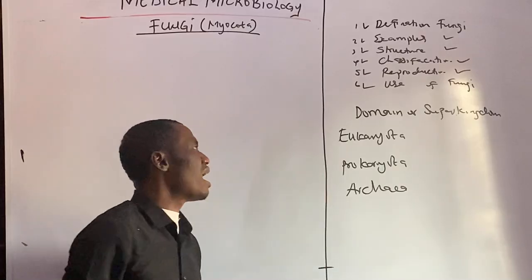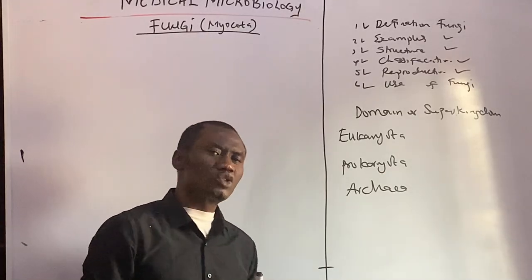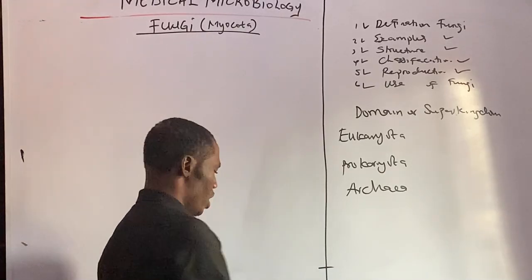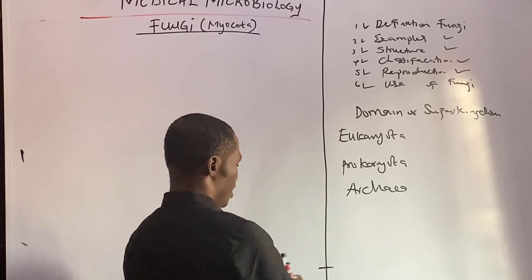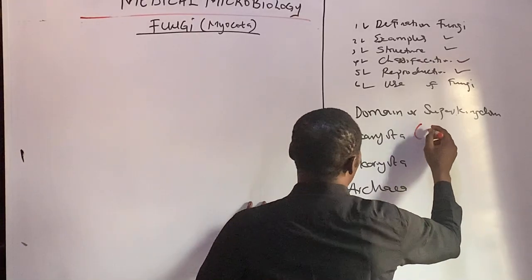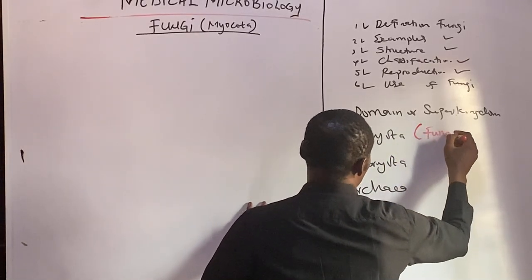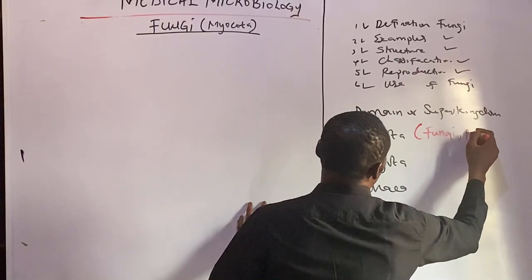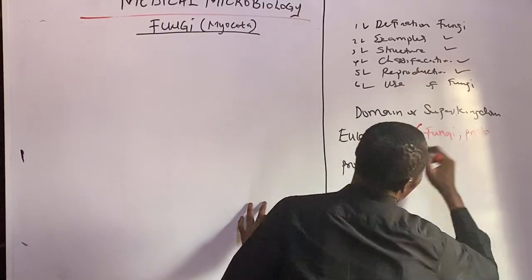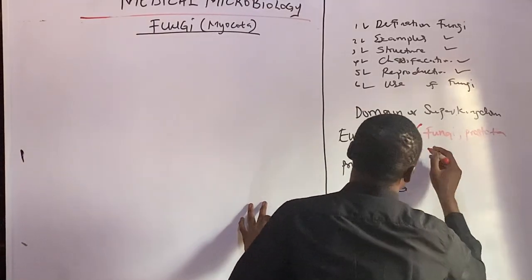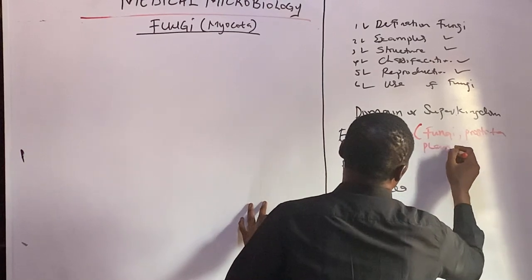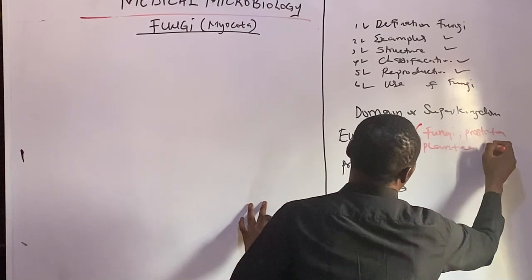Now, these are the domains or super kingdoms that we have. Under the Eukaryota, we have the fungi, the protista, the plantae, and the animalia.